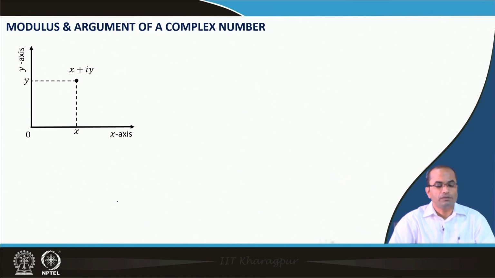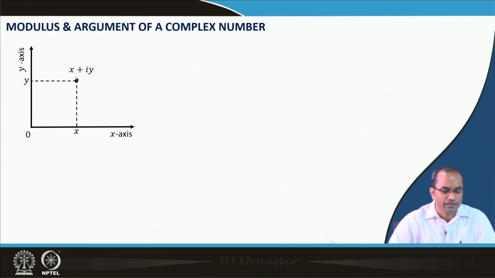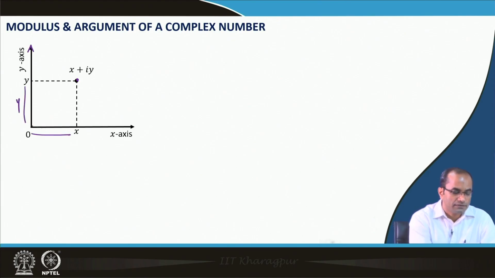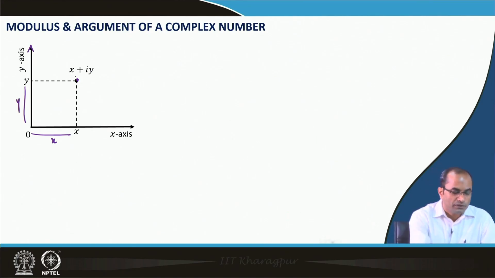Now, what are the modulus and the argument of a complex number? Let us suppose this is the point x, y, or the number x plus i y in the plane, this is the x axis, this is the y axis here. This is the distance x, and this is the distance y. Therefore, this point is x plus i y or x comma y, whichever way we define it.